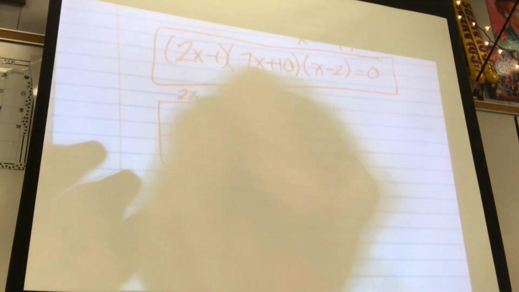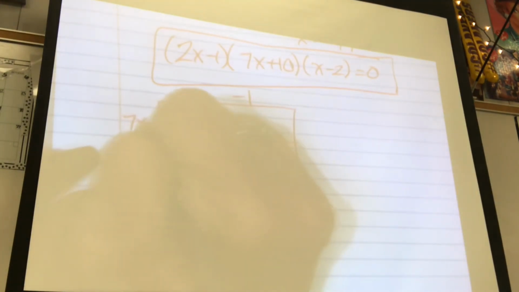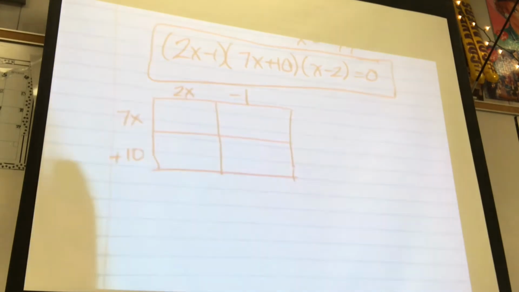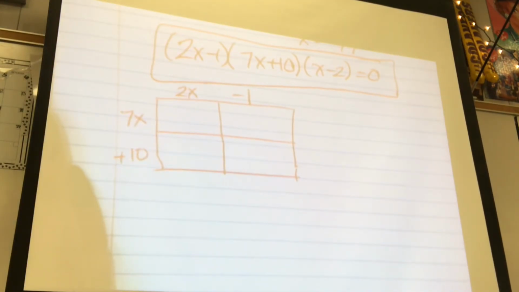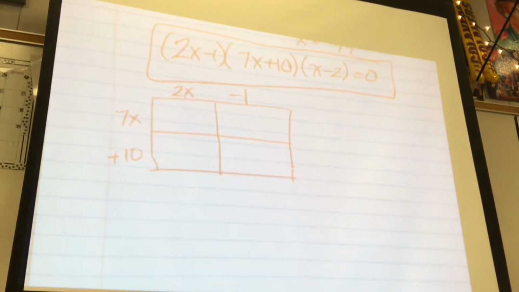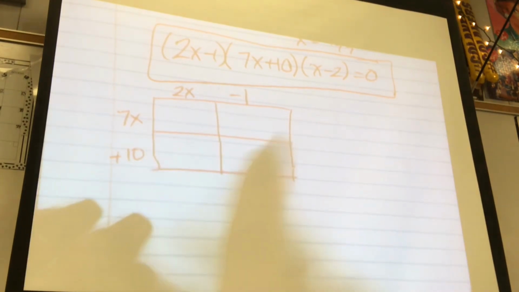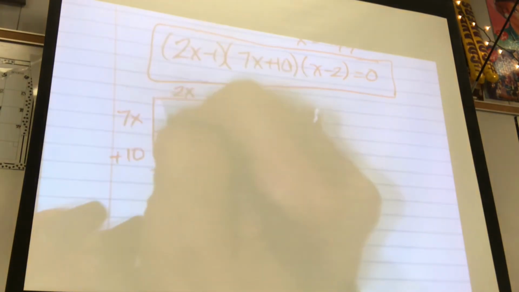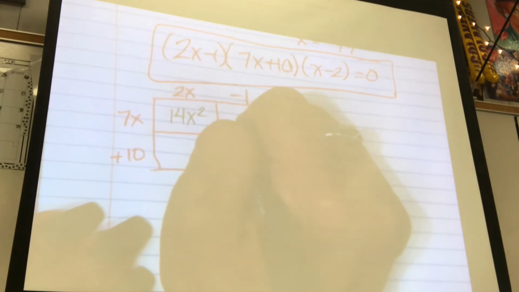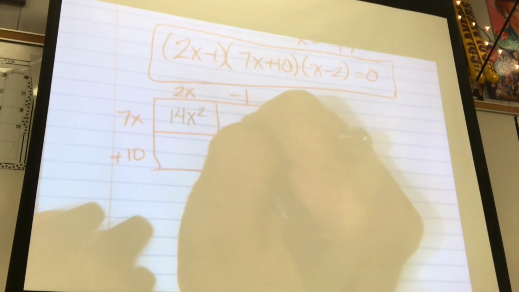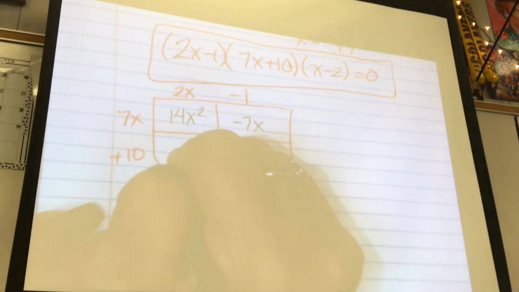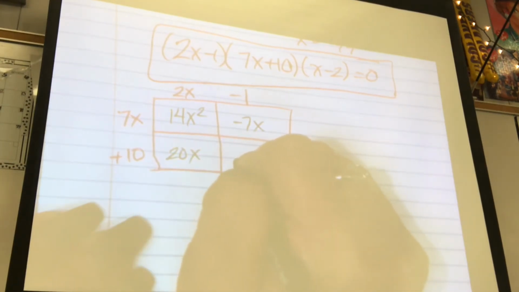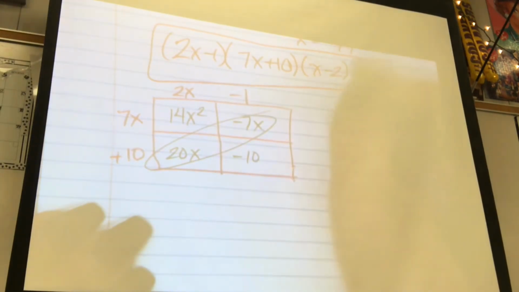Let's say you have a 2x minus 1, a 7x plus 10. Victoria, can you help me fill out this whole thing for me? 2x times 7x? Negative 10. So all together, what do we have?